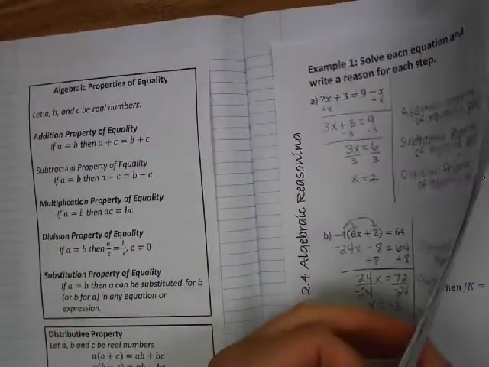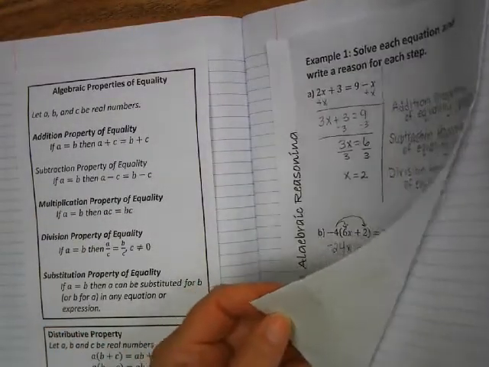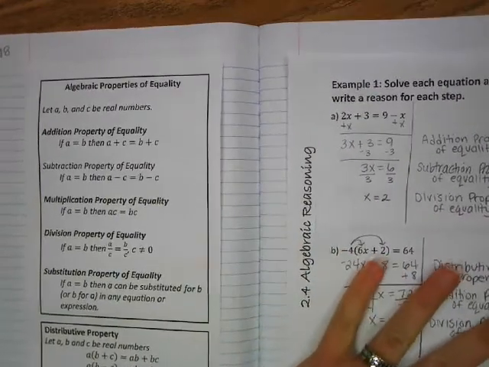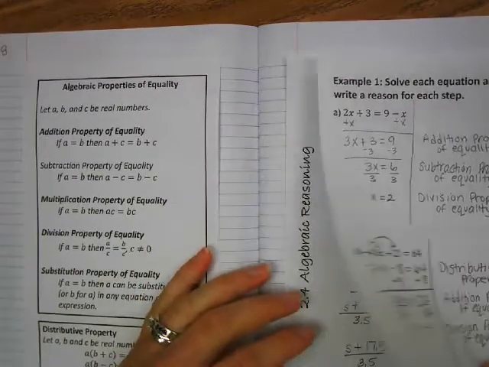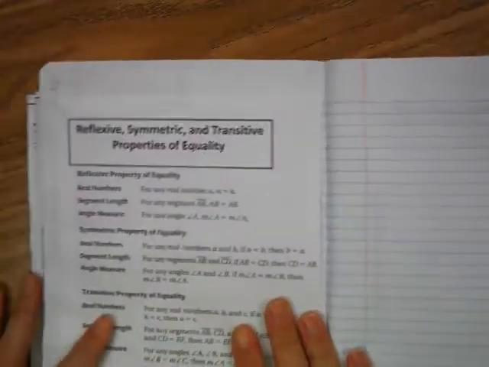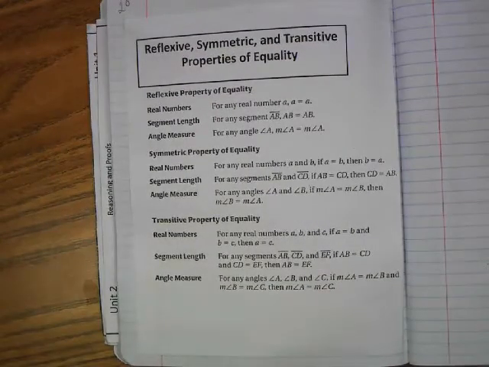So the next 2 pages are laid out the same way. So page 20, you have more properties. So we have reflexive, symmetric, and transitive properties of equality.